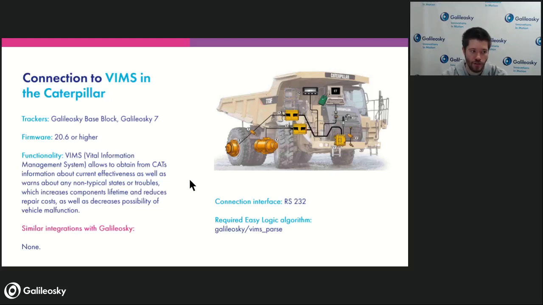Connecting to VIMS, sending requests to it and obtaining data from VIMS allows us to get from the Caterpillars information about specific parameters like current effectiveness, and it can warn us about any non-typical situations, accidents, troubles. Control of these parameters will increase the lifetime of the vehicle and reduce the repair costs. Of course, it also decreases the possibility of vehicle malfunction.